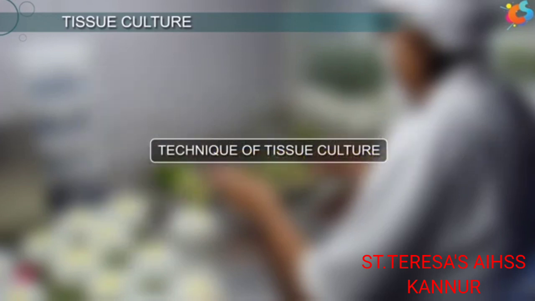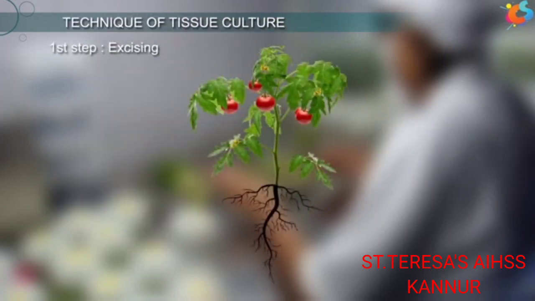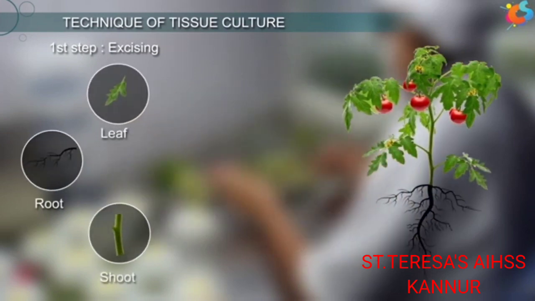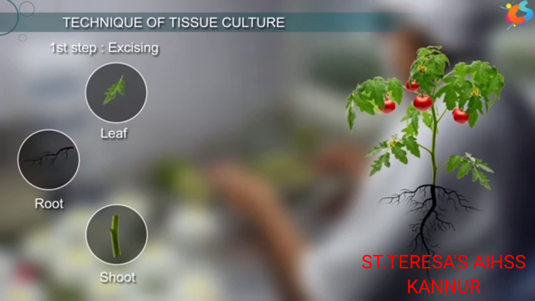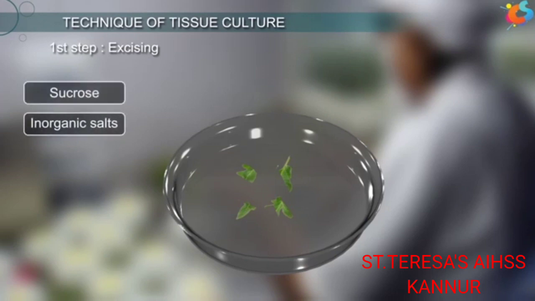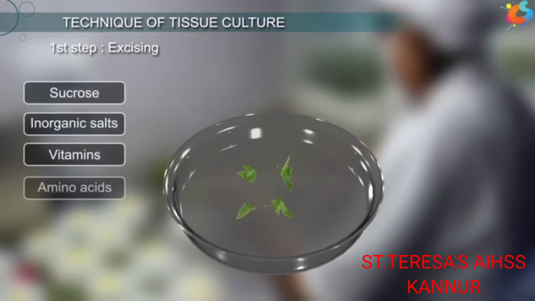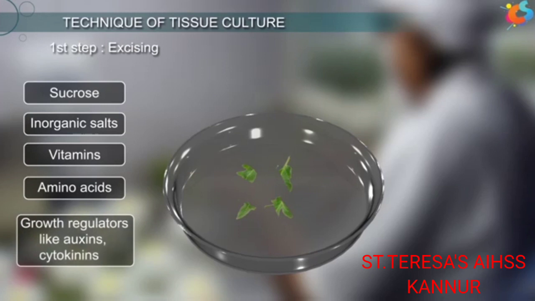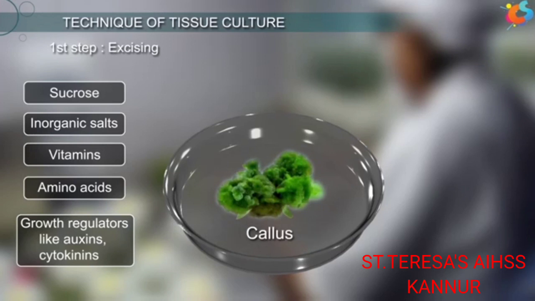Technique of tissue culture. The first step of tissue culture is excising or cutting a small part of plant tissue, like the leaf, root, or shoot of a plant. This cut-out part, the explant, is then placed in a suitable nutrient medium containing a carbon source such as sucrose, inorganic salts, vitamins, amino acids, and growth regulators like auxins, cytokinins, etc. The explants are allowed to multiply and form a group of tissues called callus.